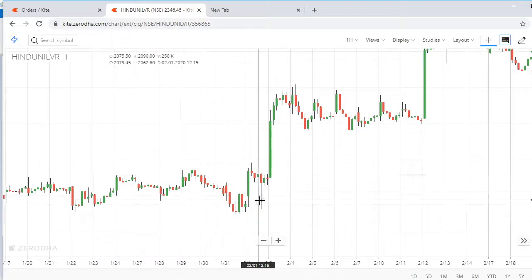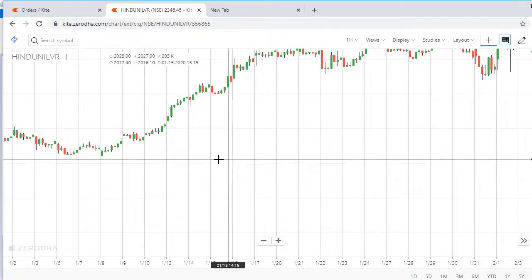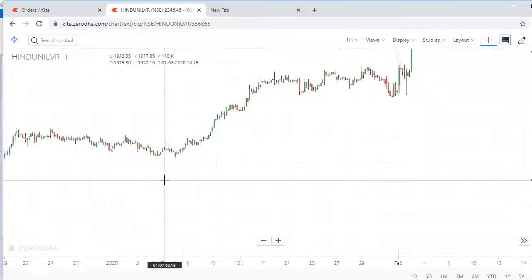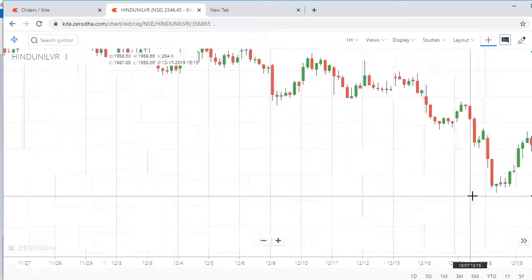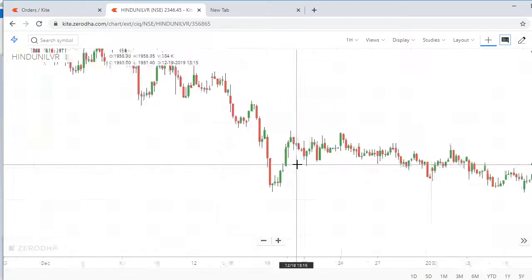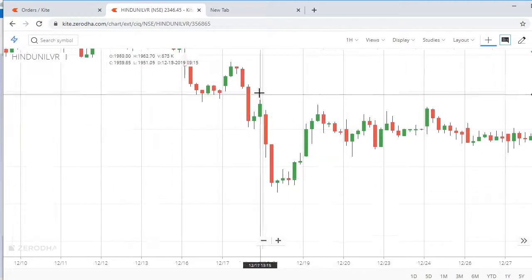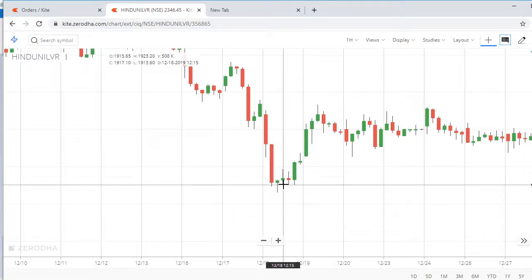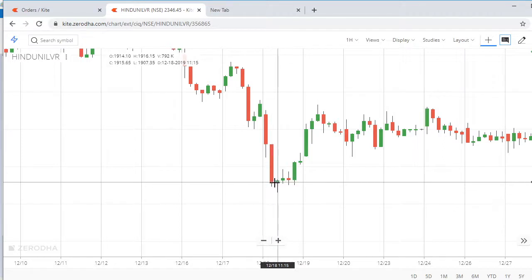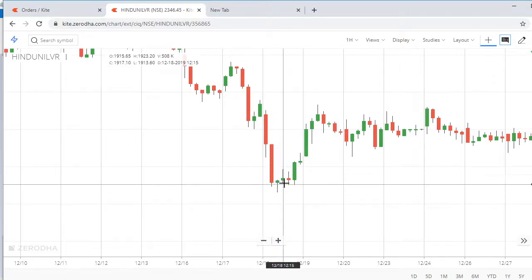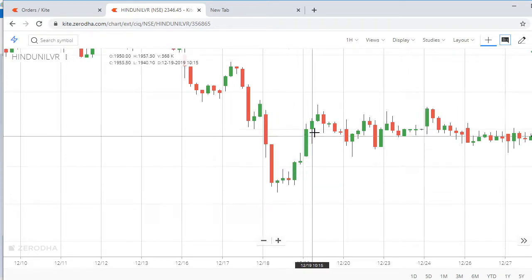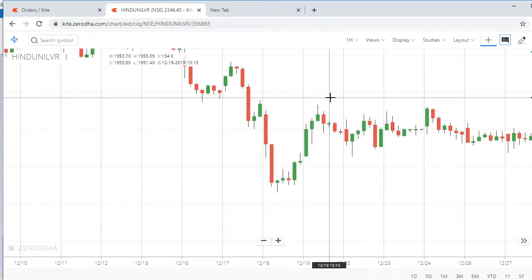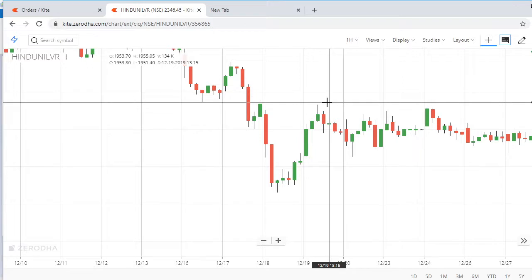This is the kind of thing, but we needed the downside. Oh, see, there is a continuous downtrend, and then you can find a kind of dragonfly doji here. From there, the stock started moving up. That's how it happens.